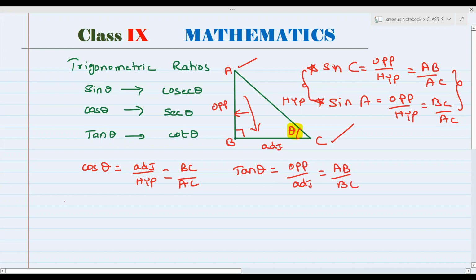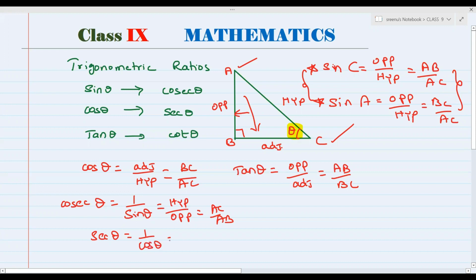Then the reciprocals. Cosecant theta is the reciprocal of sin theta, hypotenuse by opposite, that means AC by AB. Secant theta is the reciprocal of cos theta, that is hypotenuse by adjacent, AC by BC.